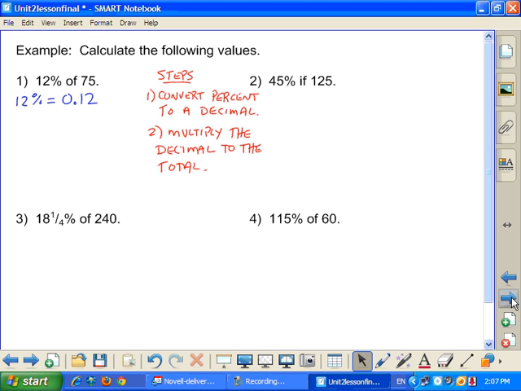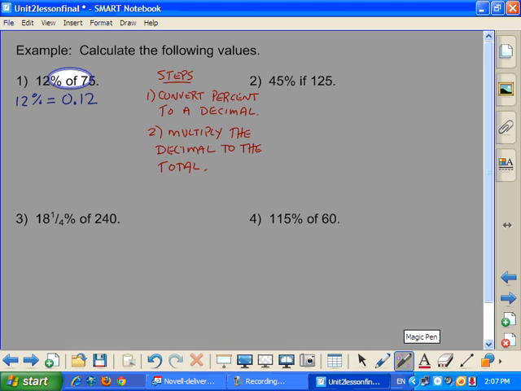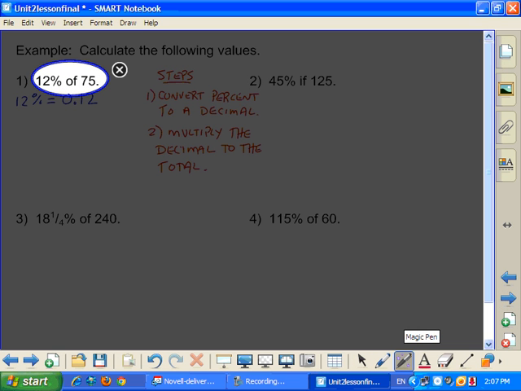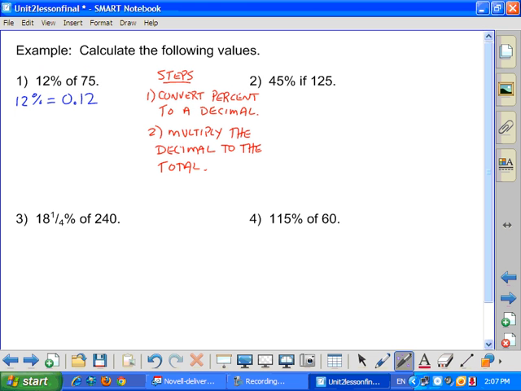So this question says, I want you to find 12% of a total of 75. So we have 75 objects. I want to know 12% of them. So we then take the 0.12 and we multiply by 75. And you punch that through the calculator, 0.12 times 75. And the answer is 9. So therefore, 12% of 75 is 9.